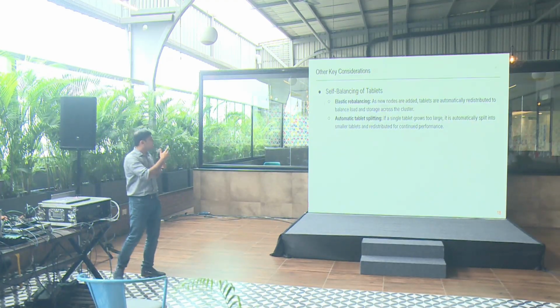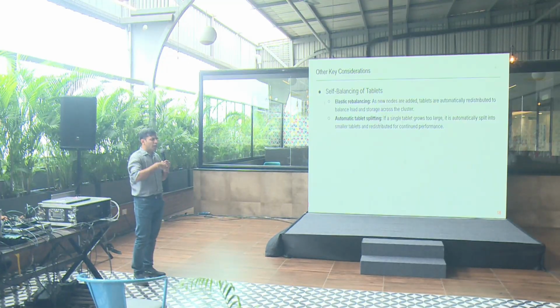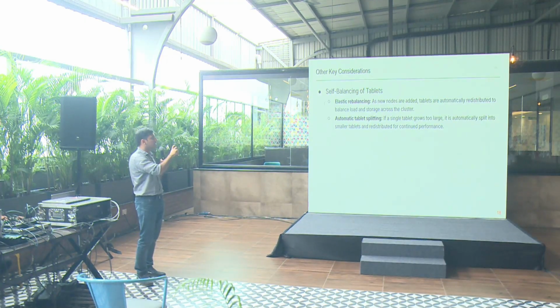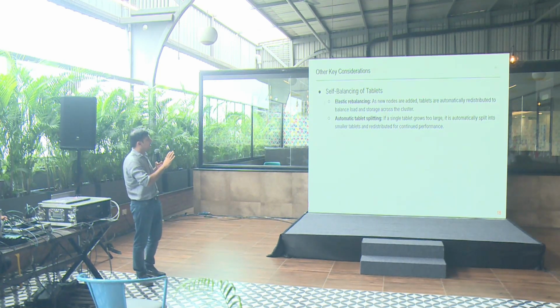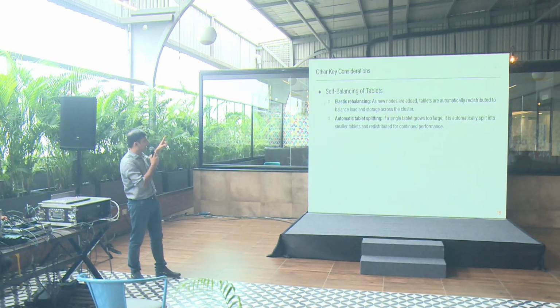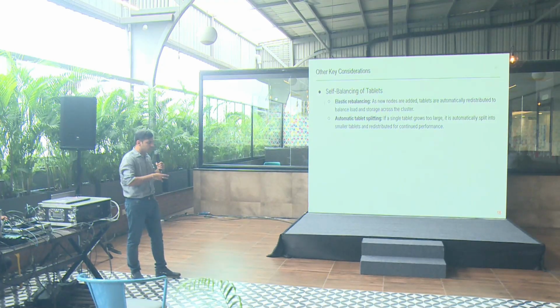Again, about the tablets, this is one more thing. As you add more nodes to the cluster, or for some reason the number of nodes goes down, the tablets are automatically rebalanced across the entire cluster, so that the load doesn't adversely affect any particular node. The second one is automatic tablet splitting, which is another helpful thing.